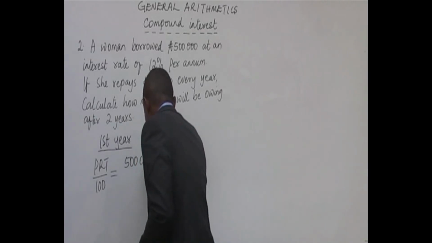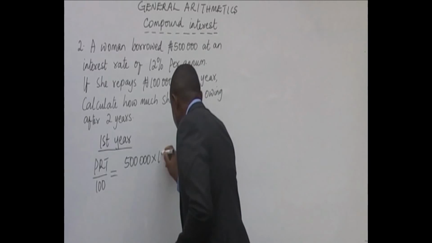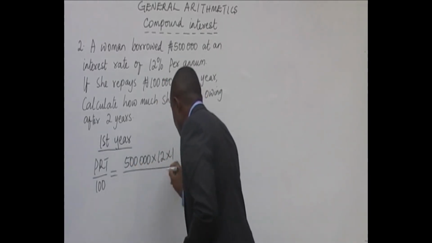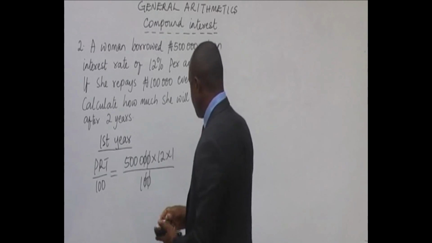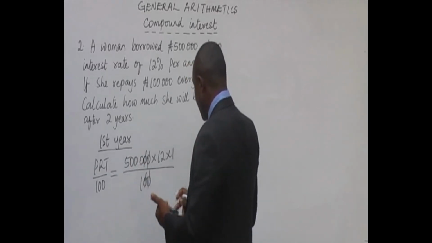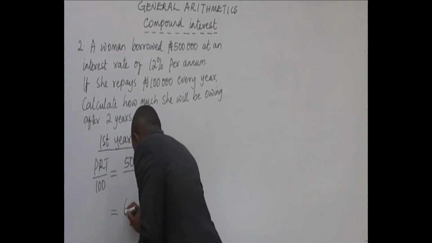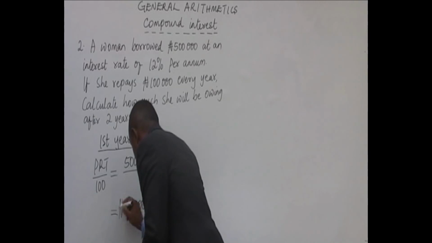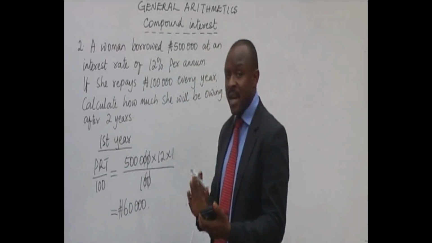So we have 500,000 times the rate, 12%, times the time, 1 year, divided by 100. So we have 5,000 times 12, which is 60,000 naira. This is the interest that will accrue after the first year.